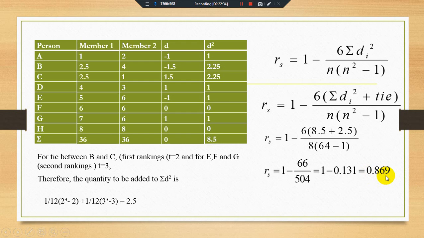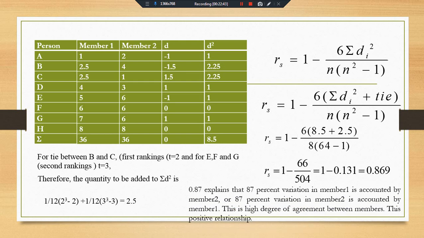So here we have the main concern about the interpretation of the rank correlation. If we round up this value, it is equal to 0.87. This explains that 87% variation in member 1 is accounted by member 2, or you can say that 87% variation in member 2 is accounted by member 1.